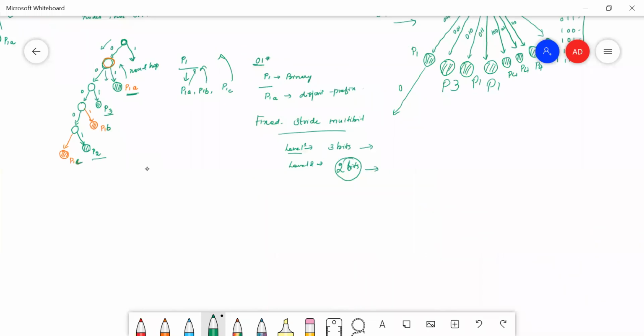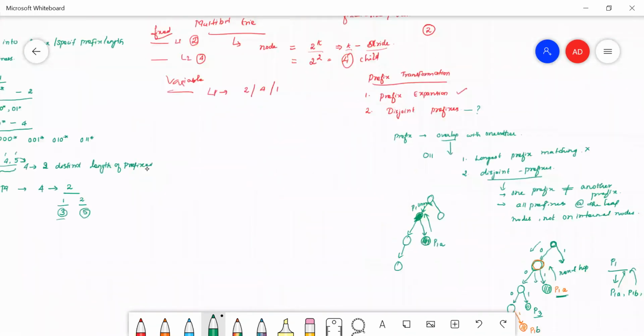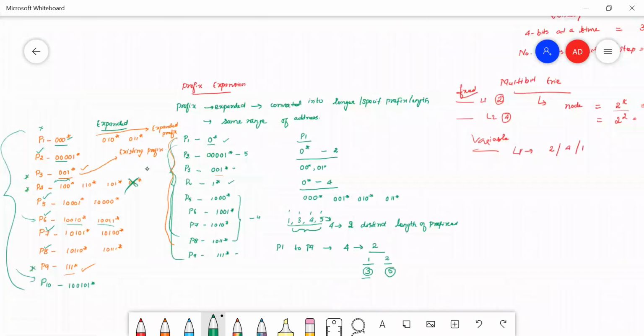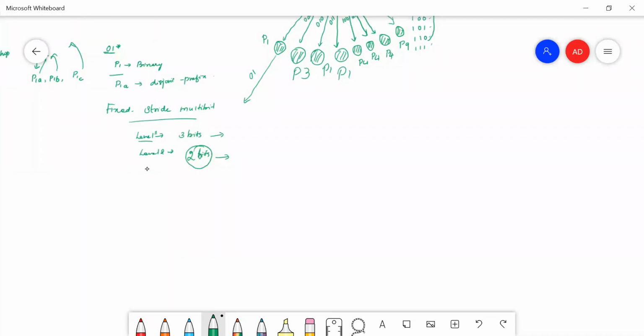Okay, so 0, 1. When you try to append this, you can find from the root it has to be coming down. So the first 3 bits are 0, 0, 0, followed by 0, 1. Okay, so 0, 0, 0, 0, 1 is yielding prefix P2. So we can mark here as P2.